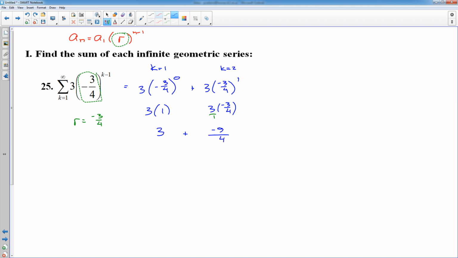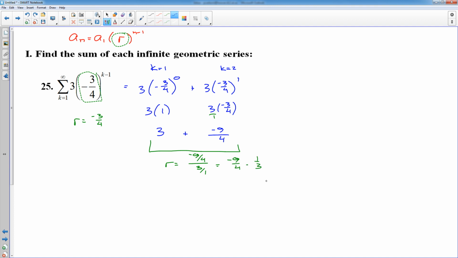And if you found the ratio between the first and second terms, you divide the second term by the first. Negative 9 over 4 divided by 3. You would flip and multiply, so negative 9 over 4 times 1 over 3.